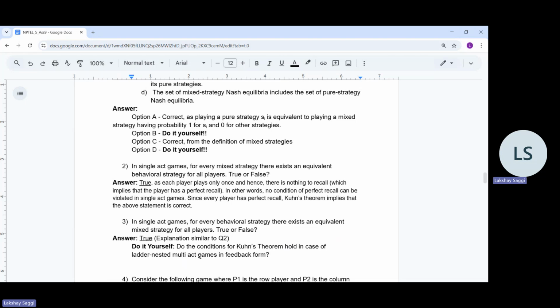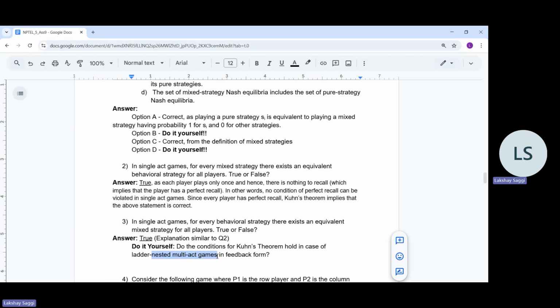But still, I would urge you to look at the structure of these ladder nested multi-act games and see for yourself whether both conditions for the theorem hold or not. Intuitively, it makes sense that it should hold, because of how we define these and how we define perfect recall. But just see for yourself whether these exist or not.